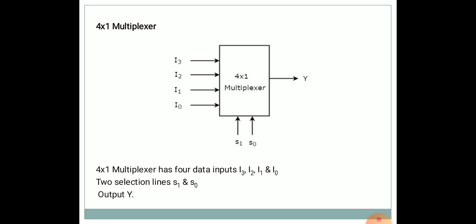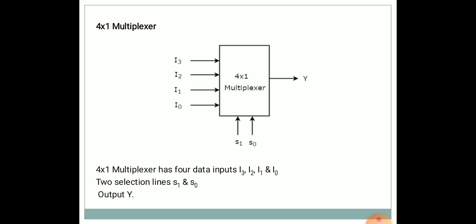First we shall learn about the 4 into 1 multiplexer, also called the 4 cross 1 multiplexer. In a 4 cross 1 multiplexer, there are totally 4 input lines, I0, I1, I2 and I3.